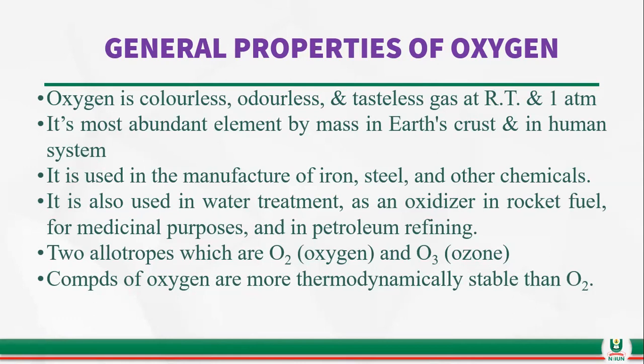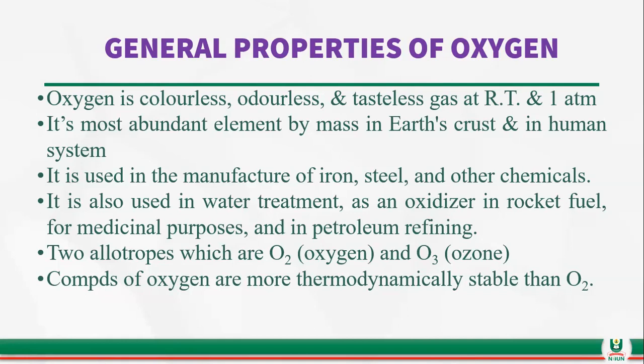But here right now, we are talking about the allotropes of oxygen. There are 2 different allotropes of oxygen. Oxygen can appear in a diatomic nature, that's what we call O2, oxygen gas.